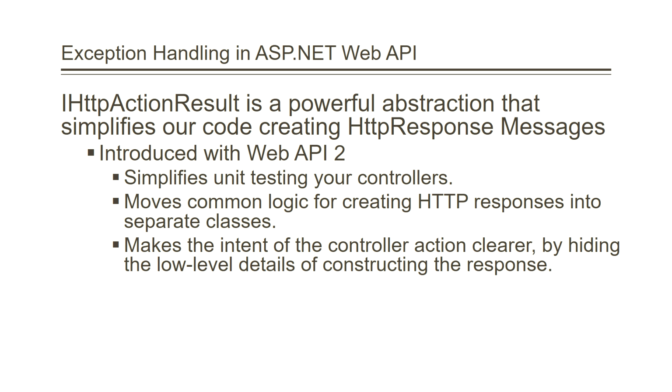Some people say, oh, well, then I can't have full control over what I'm doing, but you can always write code the old-fashioned way if you really want to. But it really, as it says here, moves common logic for creating these responses into separate classes, so it just gets them off the screen and out of the way. Less chance of messing them up, and it makes the code that you are responsible for writing much easier to read and cleaner on the screen, right? It makes the intent of the action clearer.